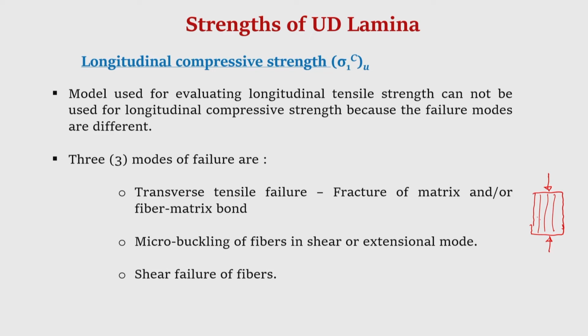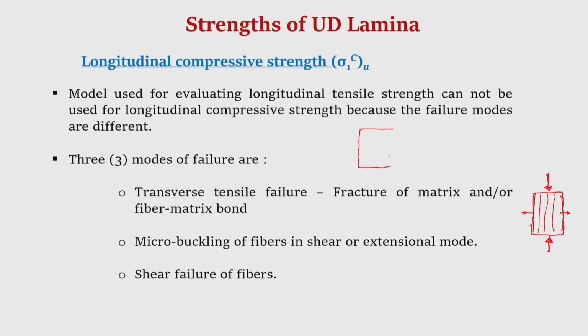Transverse tensile failure: when the composite is subjected to compression, it will experience tensile strain in the lateral direction. Due to this tensile strain in the lateral direction, the matrix might fail, or there may be fiber matrix debonding.